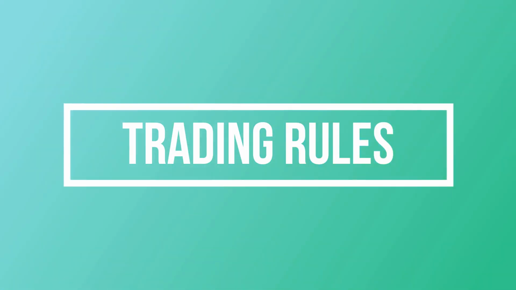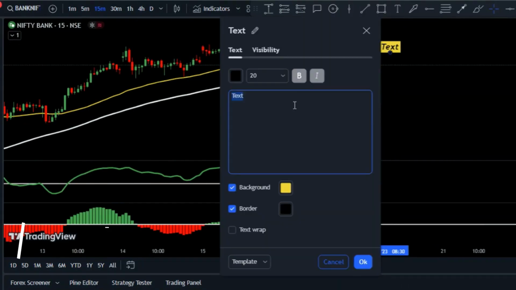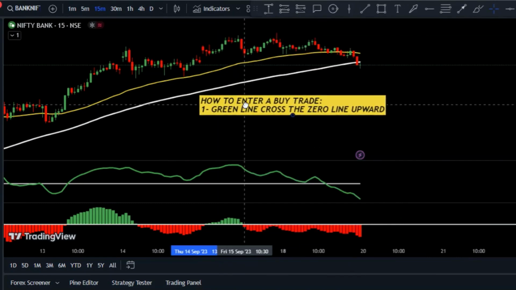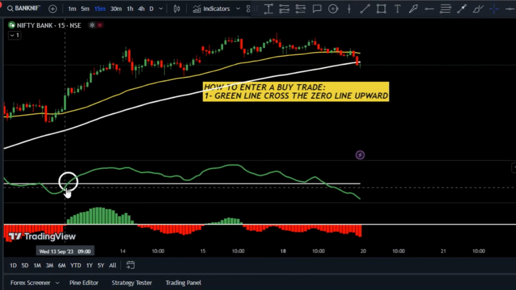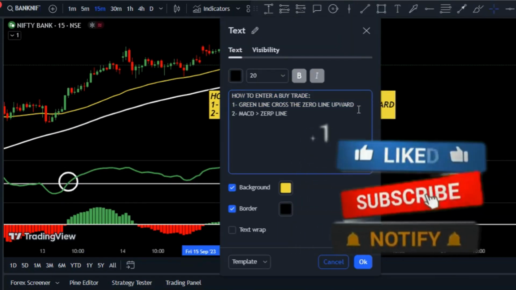So here's how the entry rules for trading will go down. To enter a long trade, first, wait for the green line to cross above the zero line. Next, the MACD histogram should be green and above the zero line.